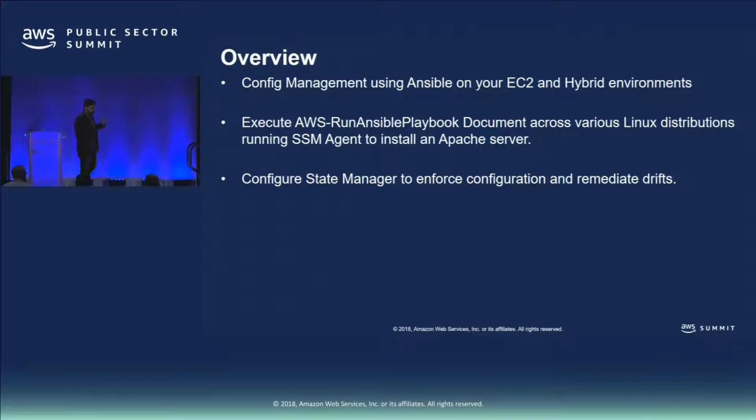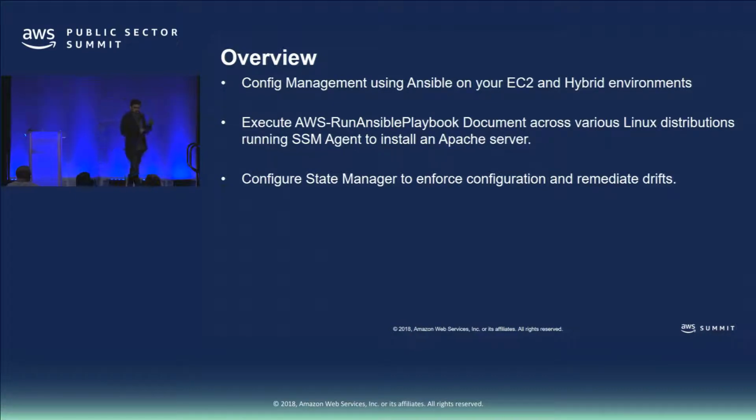What we are going to do in this demo, or what is happening in this blog post, is we are going to configure our EC2 instances and maybe hybrid environments. When I say hybrid environments, it can be EC2 instances maybe running in some other AWS account, or they can be on-prem resources as well. So we are going to execute what we call the AWS-RunAnsiblePlaybook document.